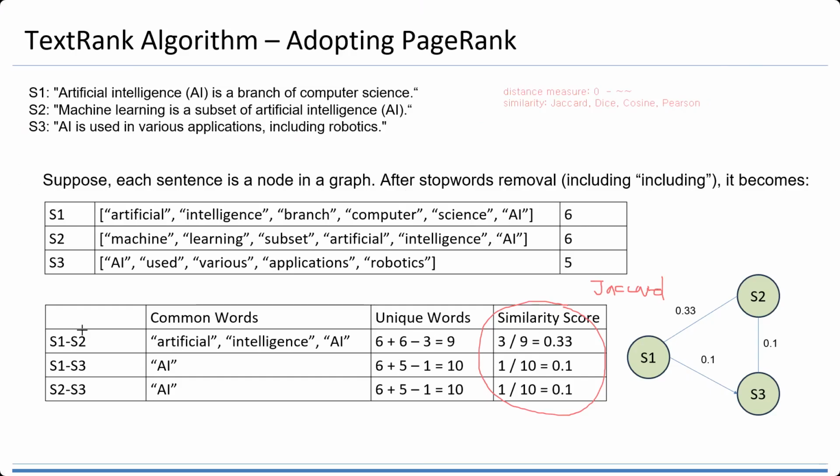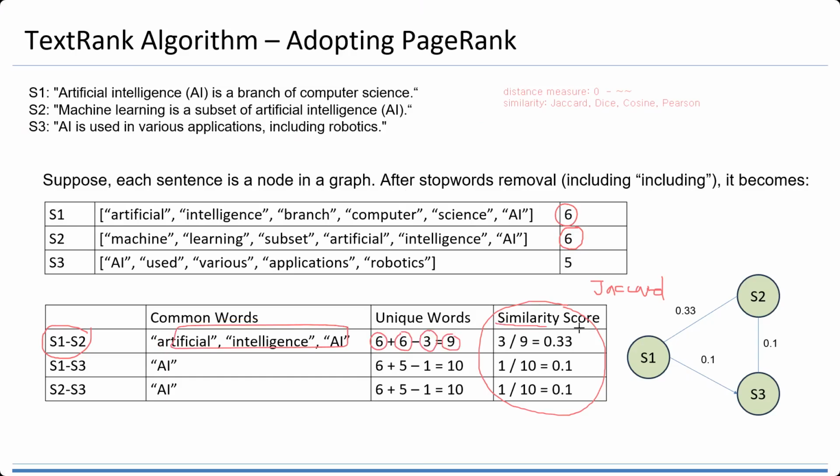So in this case, if we have S1 and S2, we have 6 words in S1, 6 words in S2, and 3 common words. So it means 3 words are common, and the unique words are 9.